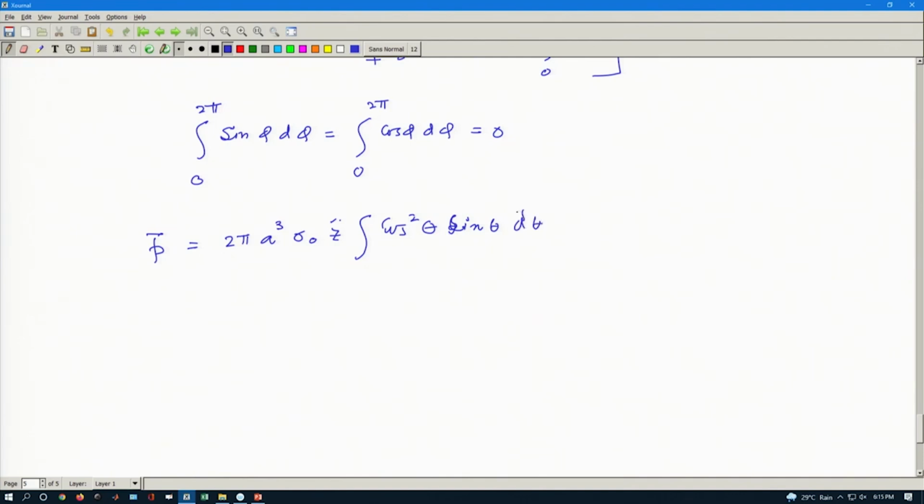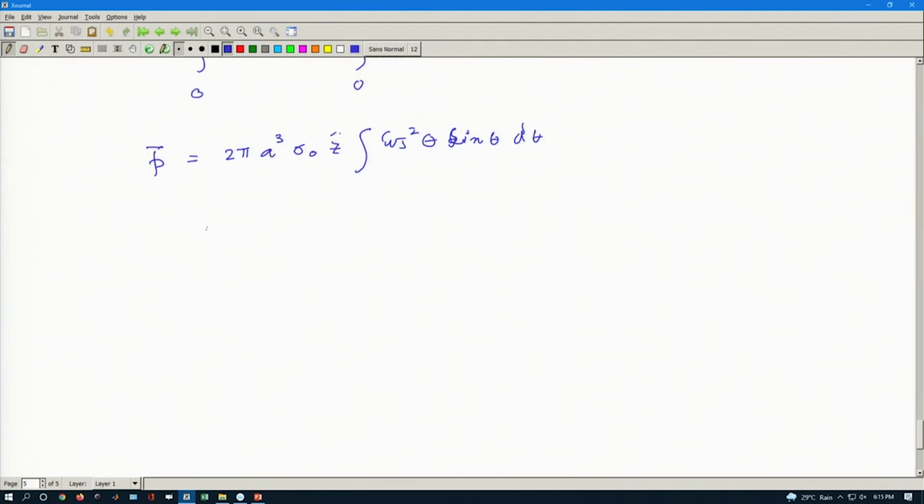Now if you do the integration, I am not going to do the entire calculation, please do this integration. You will get a result which is 4 by 3 pi a cube sigma 0 along the z direction.